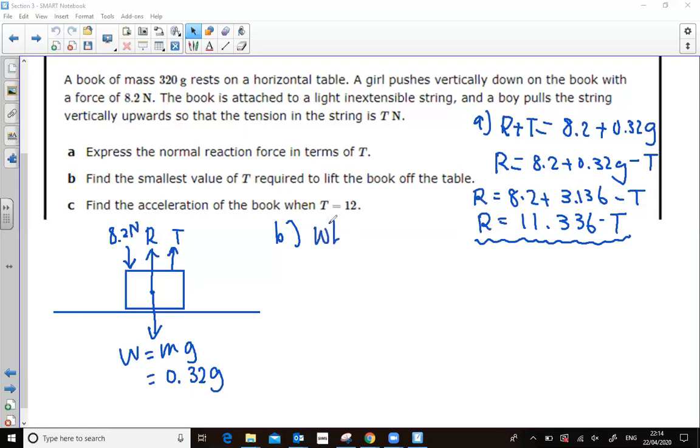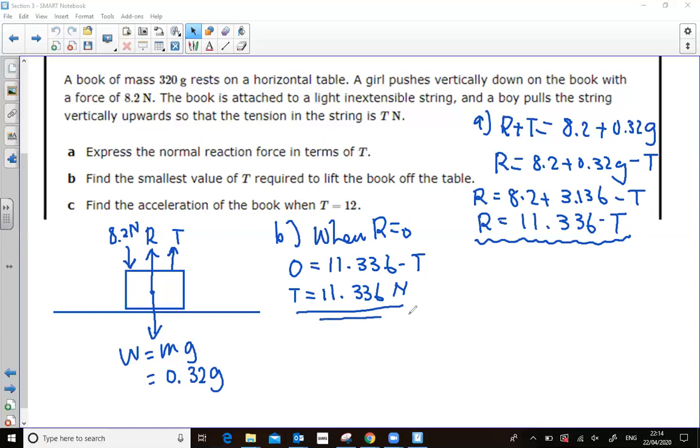So when R equals 0, we would get 0 equals, using this equation here, 11.336 minus T. So that means T would have to equal 11.336 Newton. Okay, so that would be the smallest value of T.